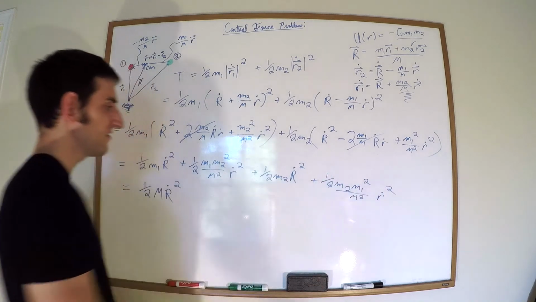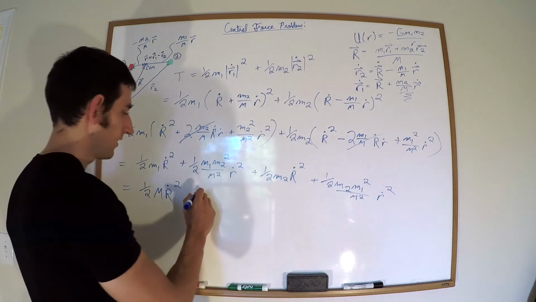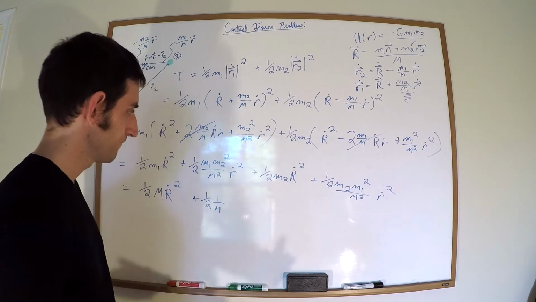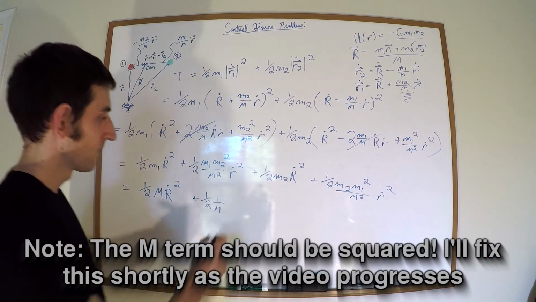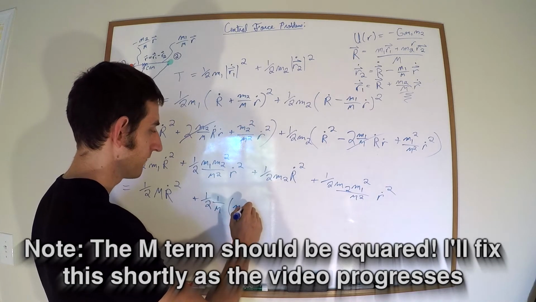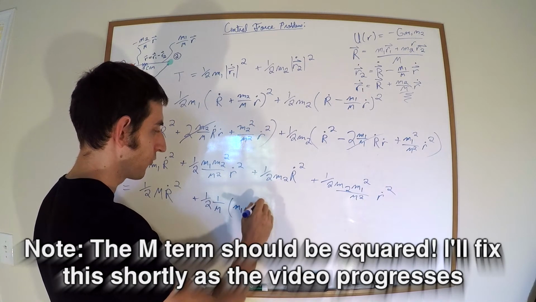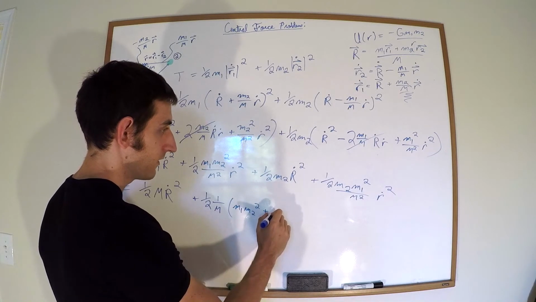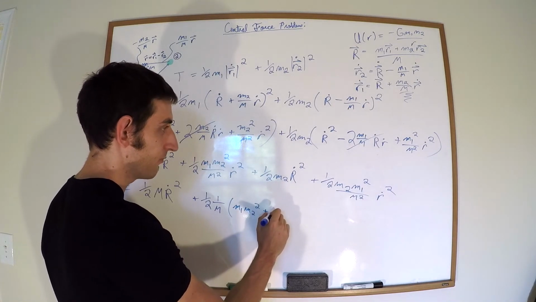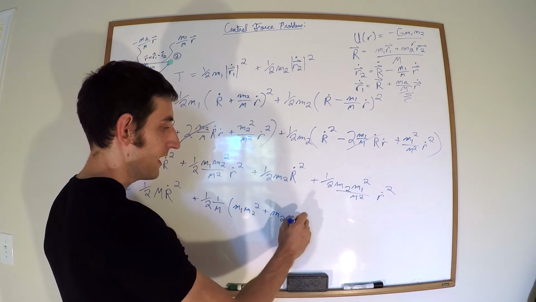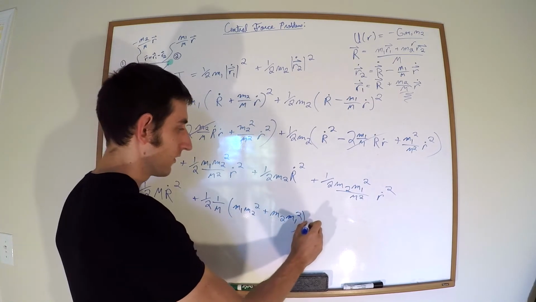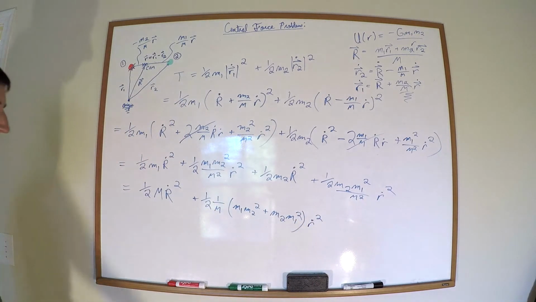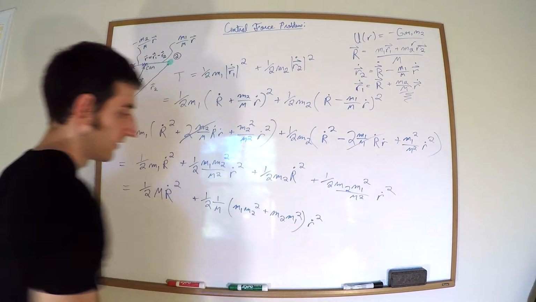And then we could group these guys here somehow. So we get plus 1/2, 1 over m, we get m1, m2 squared plus, how do we want to do this? I'll pull out the m2, m1 squared, little r dot squared. Well, what if we do this?